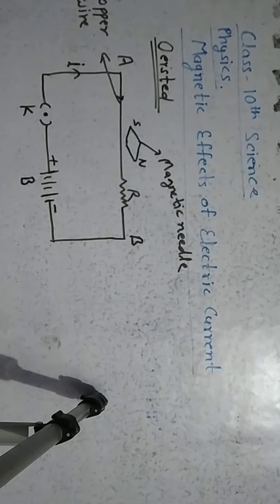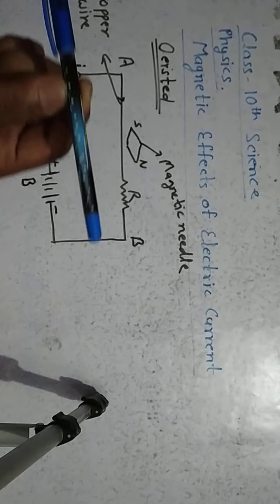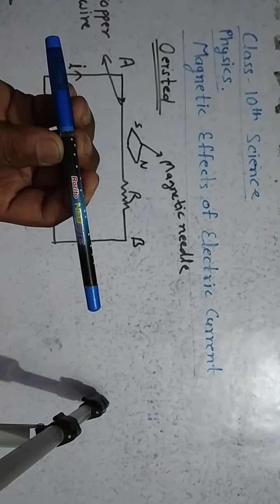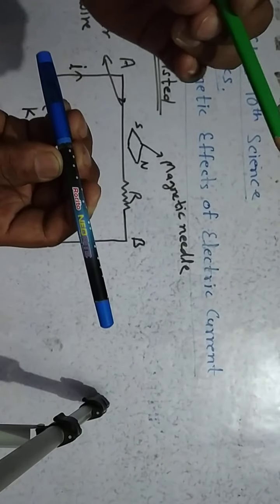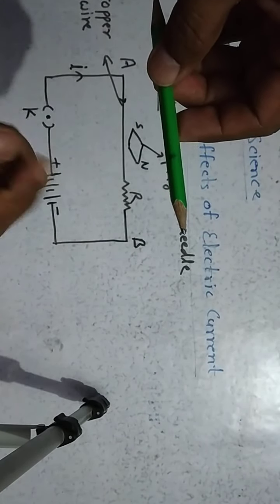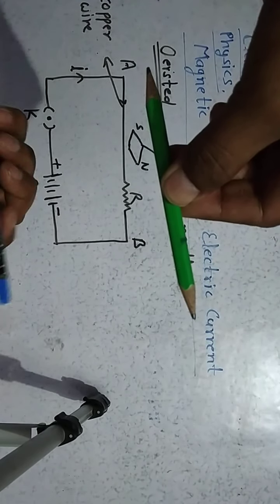Let us suppose this pen is copper wire and this is magnetic needle. If that is north pole and that is south pole, it is north pole of the magnet and it is south pole of the magnet.